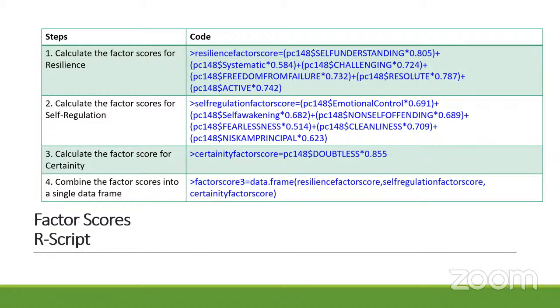After that, we take systematic, that is the original score, multiplied by 0.58. Like that, you have to calculate the resilience factor score. Similarly, you can calculate the self-regulation factor score. Similarly, you can calculate the certainty factor score. After that, you can create one data frame, that is factor score 3. This is the data frame where you write down all three vectors. Next, Para.